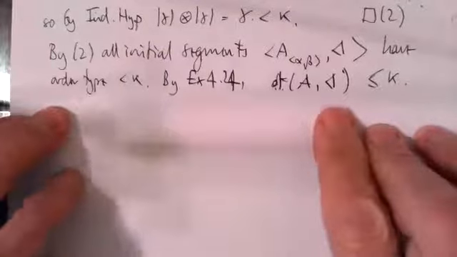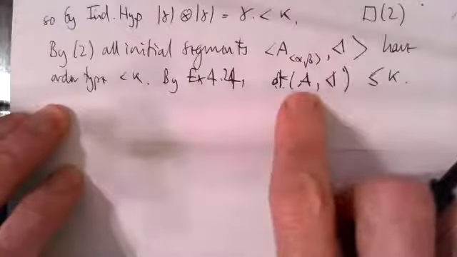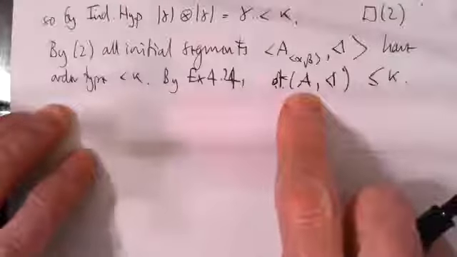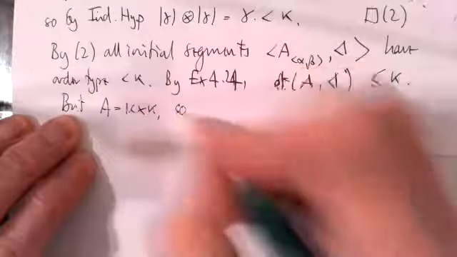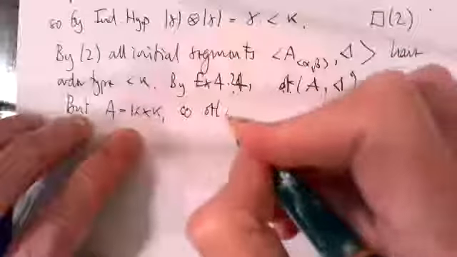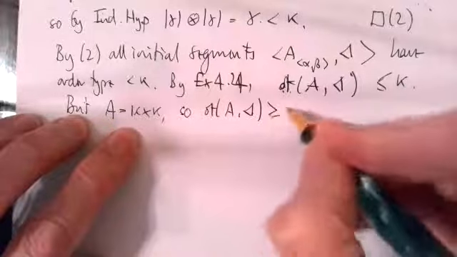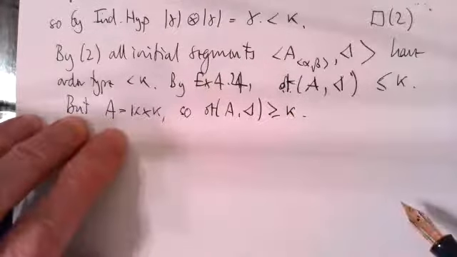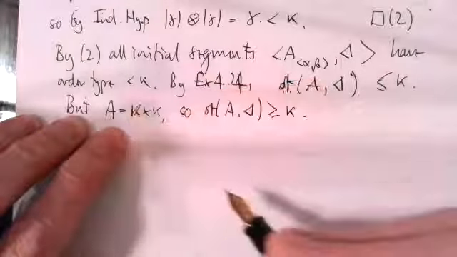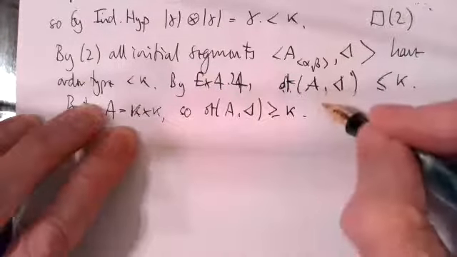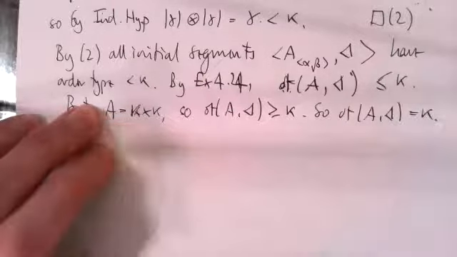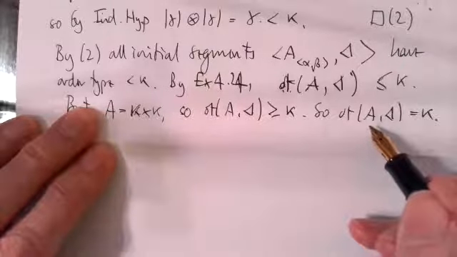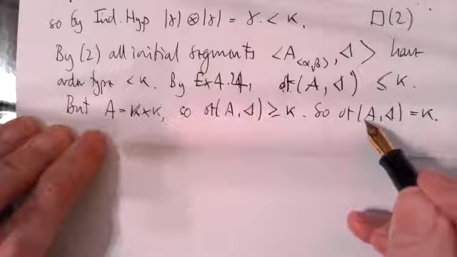On the other hand, the order type is at least kappa because A is just kappa cross kappa. So this order type can't be smaller, because it's got at least kappa things in it. So we have equality. So there's a one-to-one map from A, which is kappa cross kappa, with kappa.